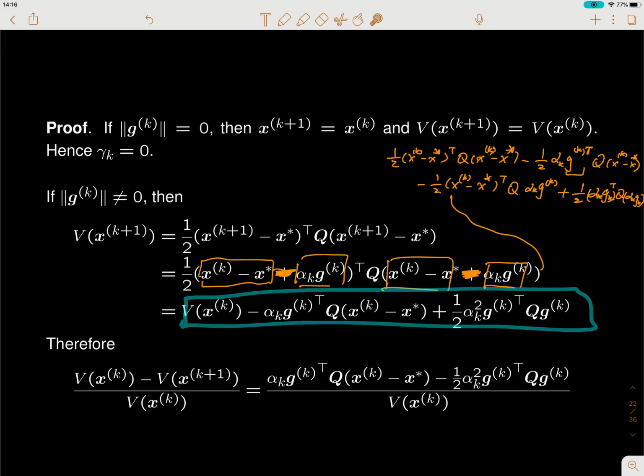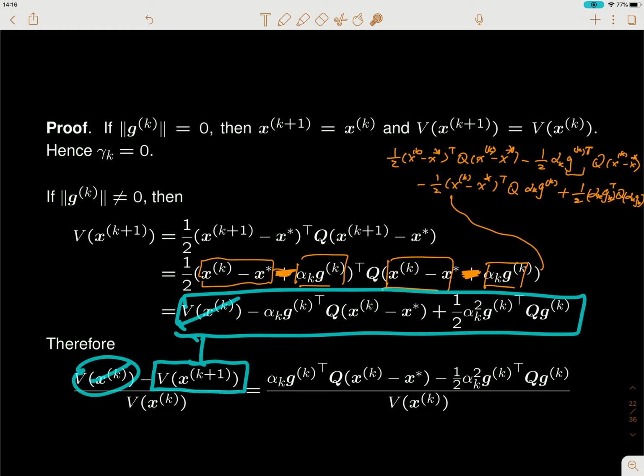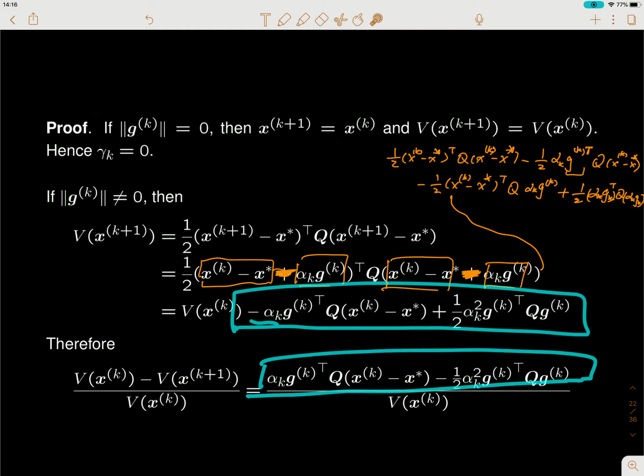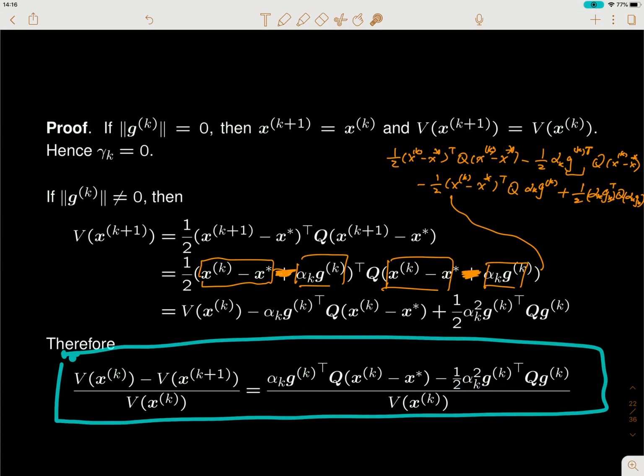You can see that v(x_k) will cancel with this v(x_k), and minus this term is the numerator I have right now. So I reach this conclusion: (v(x_k) minus v(x_{k+1})) divided by v(x_k) is just this.